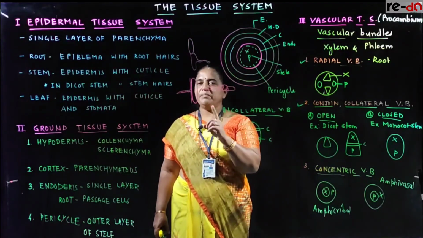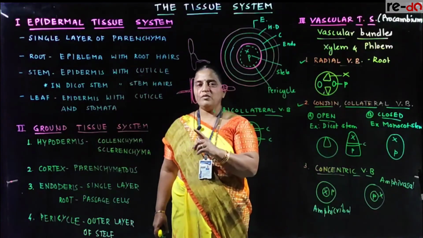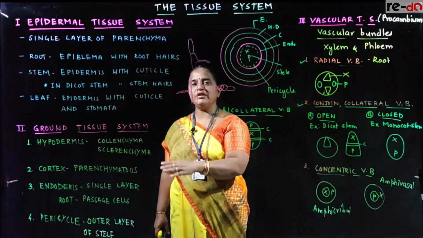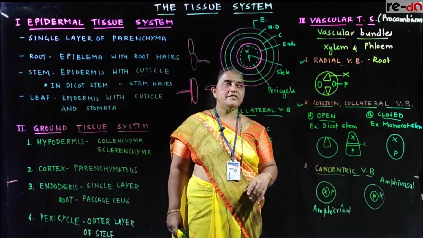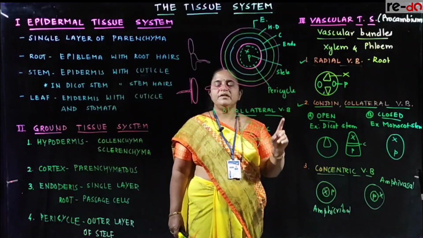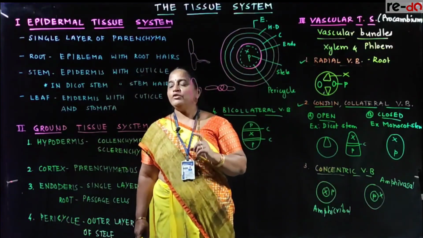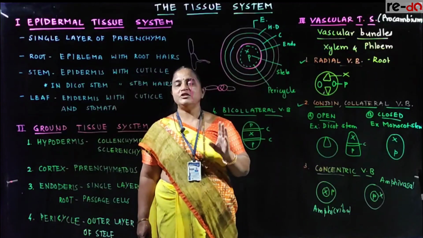Epidermal tissue system, parenchymatous. Ground tissue system will have a mixture of collenchyma, sclerenchyma, but the majority is parenchymatous tissue, while vascular tissue system is represented by vascular bundles. Hope at least you remember the 3 headings under tissue system.